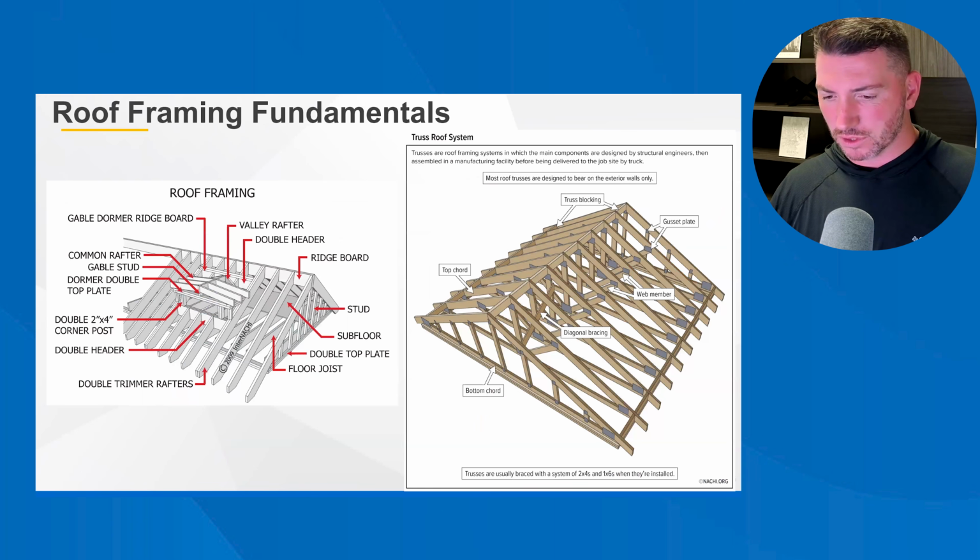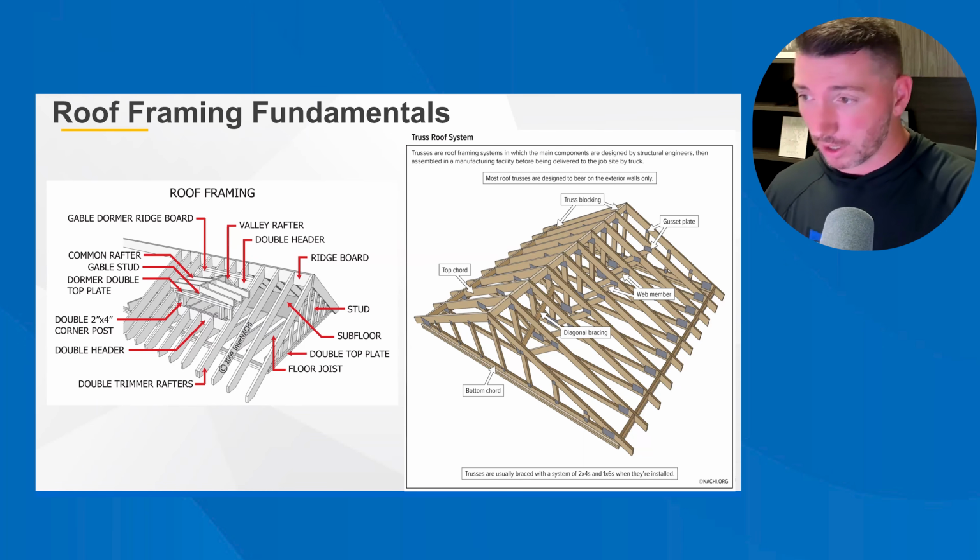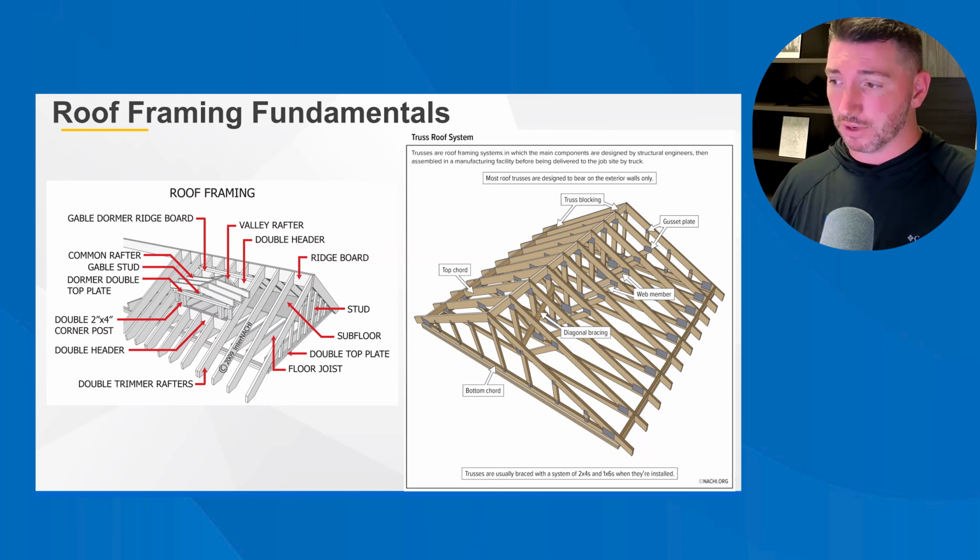Roof framing fundamentals. We've kind of already talked about some of this stuff, but you've got your gable dormer ridge board. This is a gable dormer that's being framed into a gable roof. And so you can see you've got the gable dormer ridge board, common rafters, gable stud, the dormer double top plate, which is basically just the top of a little wall.